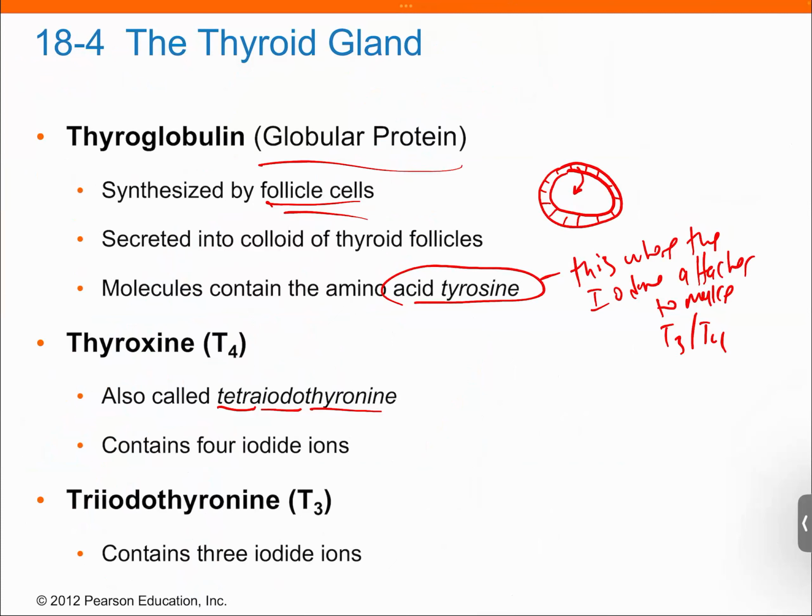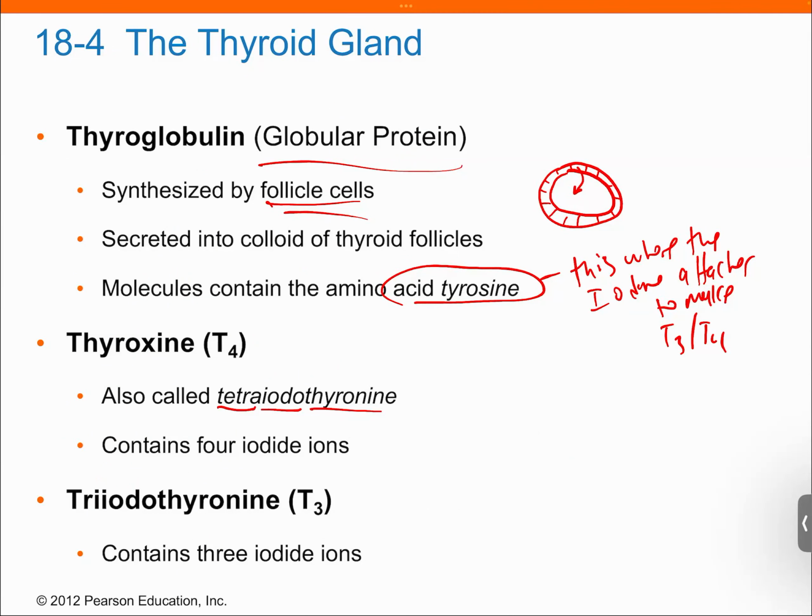And the tyrosines that are at the heart of the thyroid hormone are the ones that will be attached to the iodines. Right? So once you actually attach your iodines to those tyrosines, then all you have to do is figure out how to separate that from the rest of the protein. And we'll see that here in just a second when we actually go through the mechanism of how these follicle cells make T4 and T3.